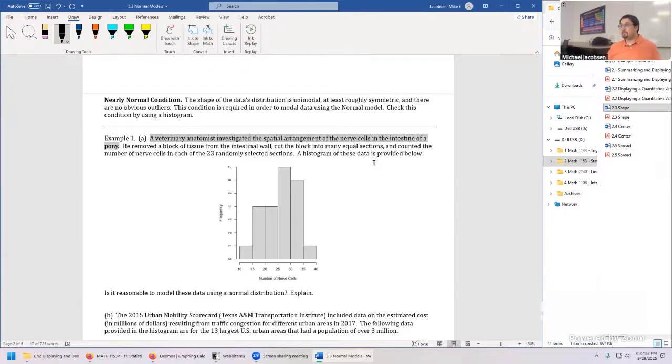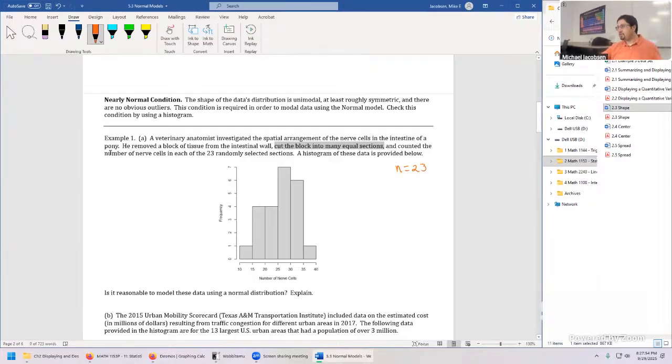So this is possibly some concerned owner of this animal that went to a specialized veterinarian for some kind of problem. What the veterinary anatomist did was remove a block of tissue from the intestinal wall, so just a small sample really, but then took that block and cut it into many equal sections. So we have a whole bunch of equal sections, 23 of them altogether. So the sample size here is 23.